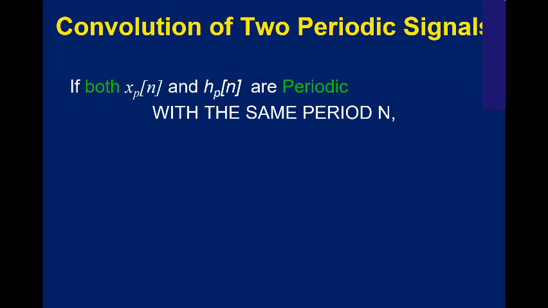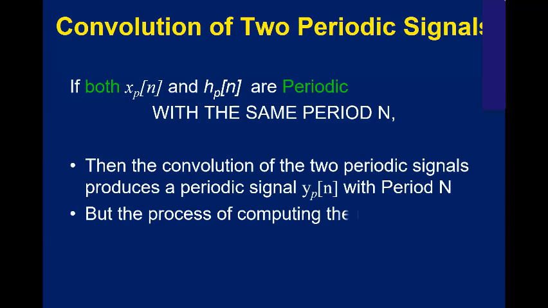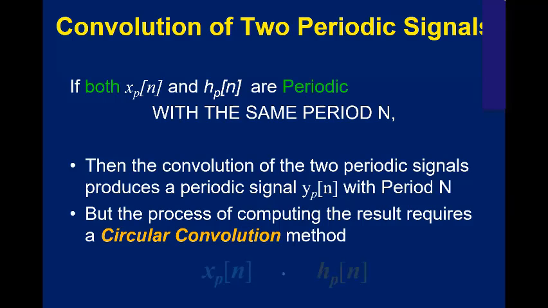If both the signals that I'm convolving happen to be periodic with the same period, the convolution result will be periodic with that same period, but the process that I need to use to compute the convolution result is what we call circular convolution, the convolution of two periodic functions that are going to overlap each other forever. We designate that with a little circle around our convolution symbol that usually signifies this special circular convolution.